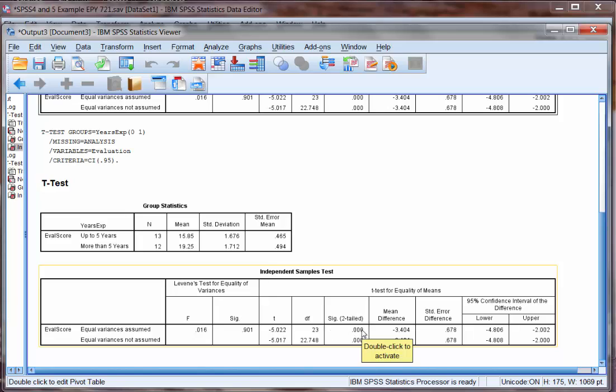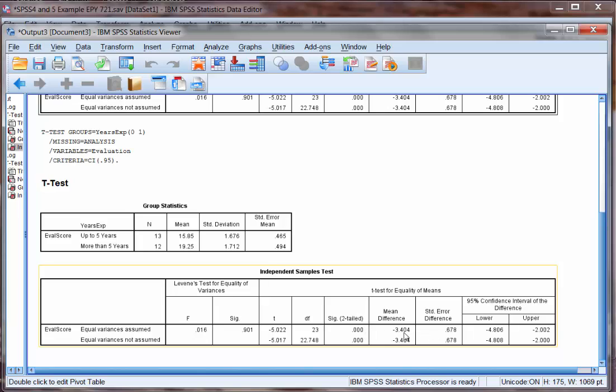And it means that I can reject the null hypothesis of the two groups their means being the same, and it's less than 0.05 for my probability cutoff.